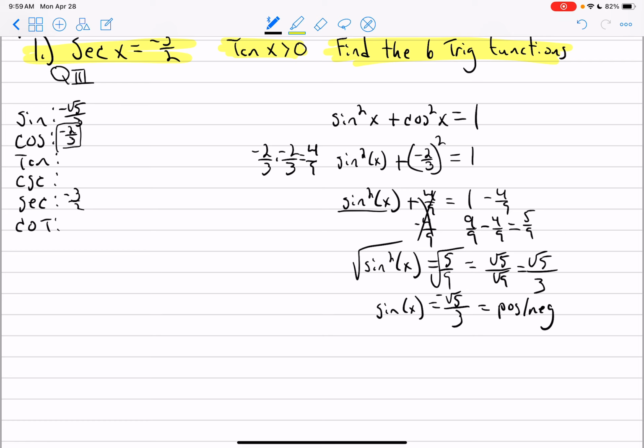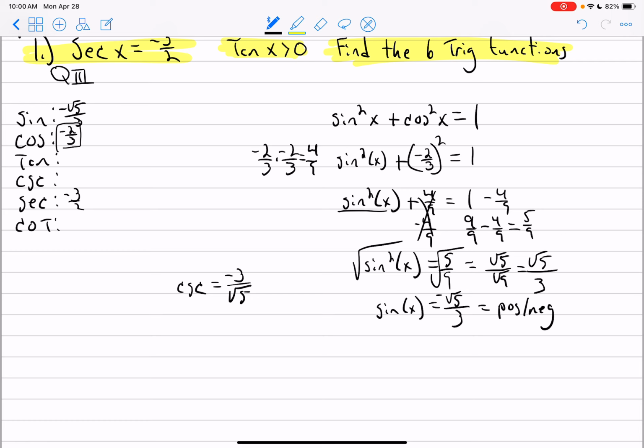Okay, so now if I know sine, I know its reciprocal, right? So if sine is negative root 5 over 3, that means the reciprocal of sine, cosecant, should be negative 3 over root 5. Okay, so you're like, I got this.